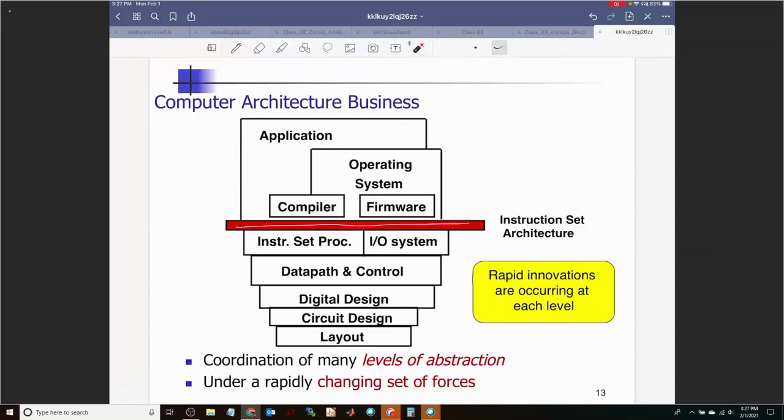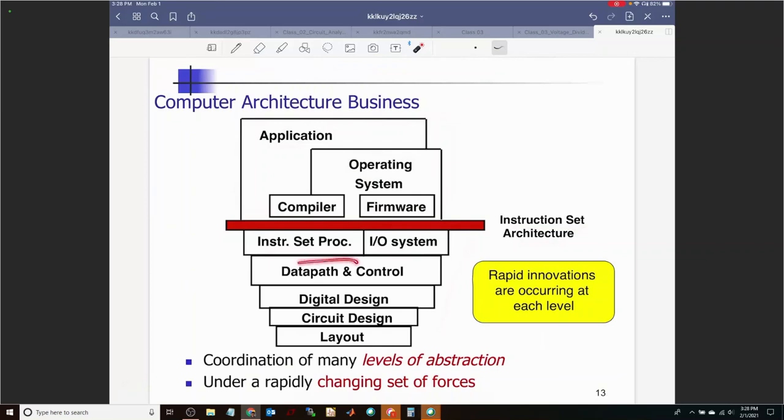That's what interfaces with your hardware. And to translate that to the machine language that everything else below that understands, you have your instruction set architecture. So the topmost elements of your hardware are what? Instruction set processor and the I/O system.